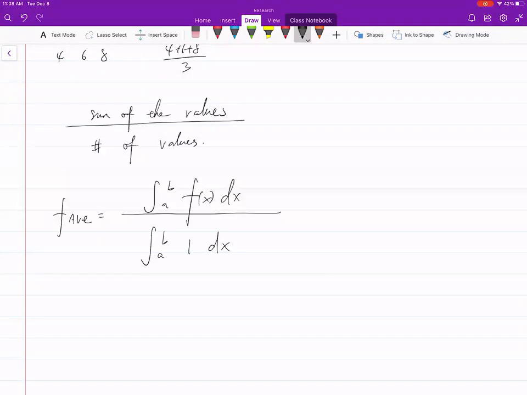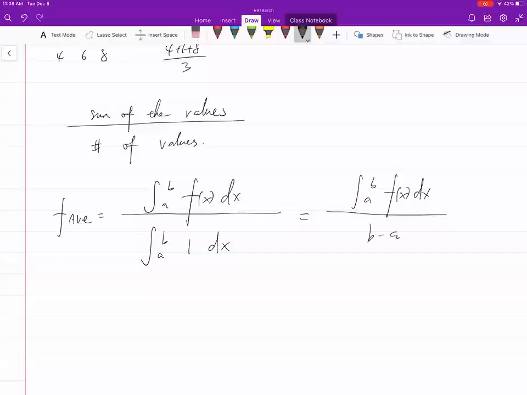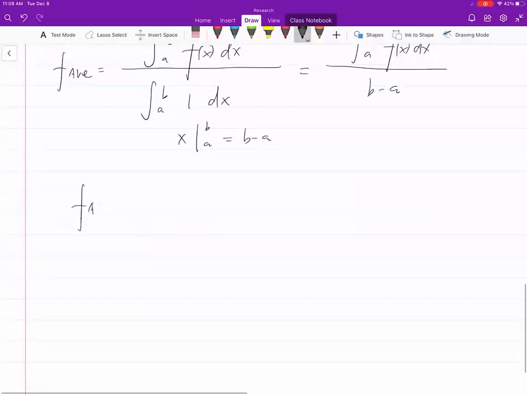You just sum the ones together. Make sense so far? Okay, so finally, what is this? This is going to be that divided by b minus a. That's how we take the integration, right? We take the integration, which is x, we plug in b and a, that gives us b minus a for the bottom part. So this will be the average value formula.